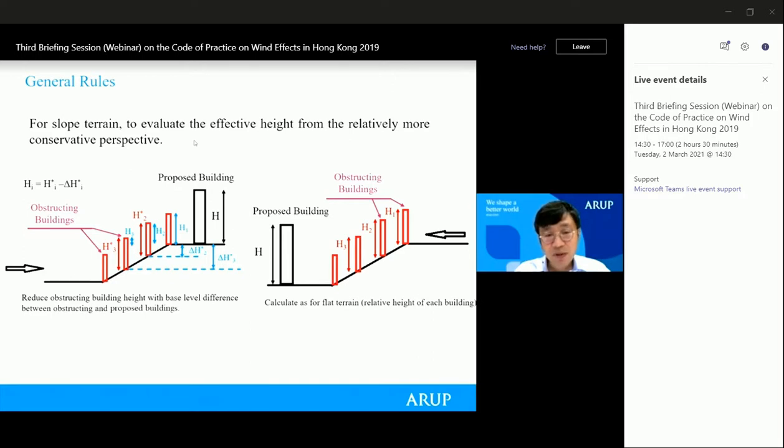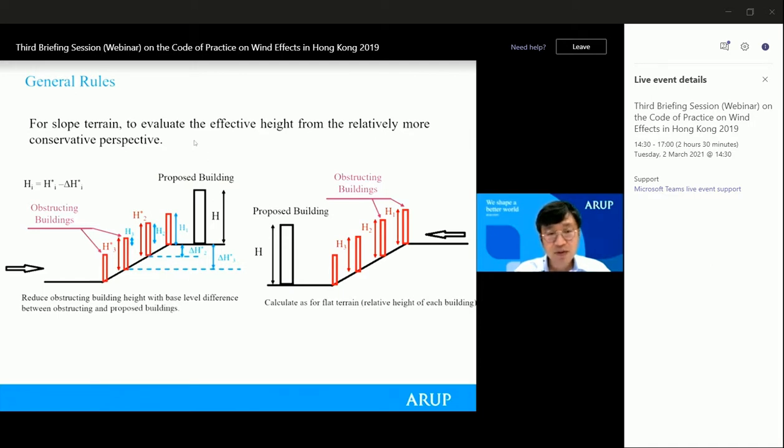Another is if we assume the wind approaches in a purely horizontal direction, then for the obstructing buildings close to the top of the hill, their sheltering effect will be bigger than their actual height.